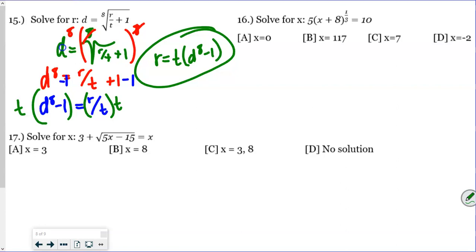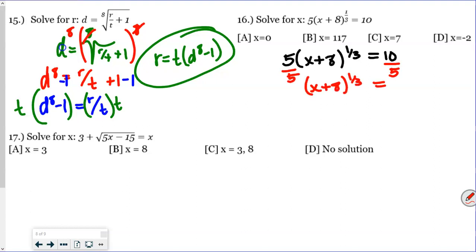Okay, so I'm going to rewrite the problem first. 5 times x plus 8 to the 1/3, that's equal to 10. So what would be my first step here? Divide both sides by 5, right? That's going to give me x plus 8 to the 1/3 power equals 2, right? Now, how do I get rid of a 1/3 power?